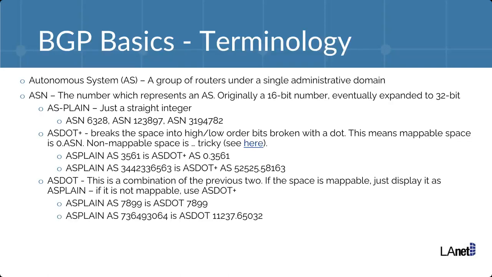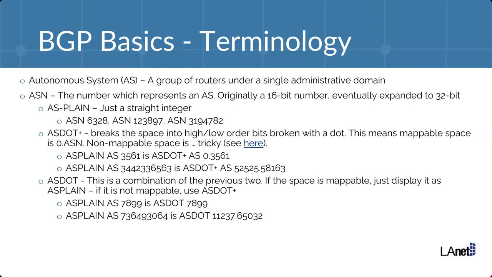Let's talk about some terminology. And the first one is autonomous system, or AS. An autonomous system is just a group of routers under a single administrative domain. So one group of people, one company or something like that probably administers all the routers within a particular domain, right? In BGP, that's kind of what makes up an autonomous system.